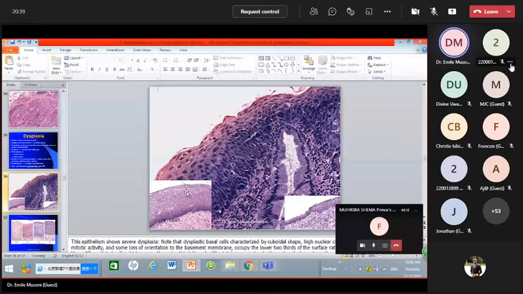A cyst is a tumor containing a fluid inside. It has a capsule, and inside there is a fluid. Those who call it Masunula, I don't know how it is in Kinyarwanda, because Kinyarwanda is not well developed in medicine.